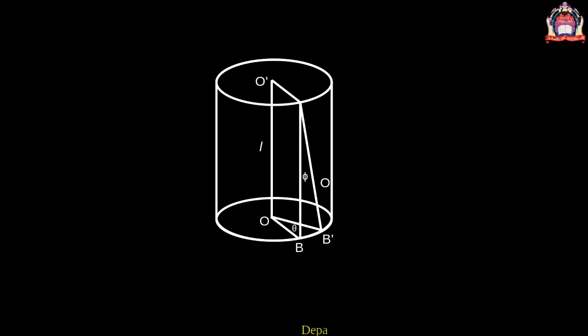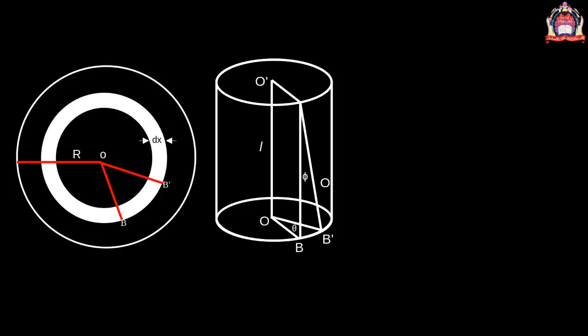The solid cylinder consists of a large number of coaxial hollow cylinders. Consider one such hollow cylinder of radius x. Here R is the radius of the cylinder, but we are considering a hollow cylinder whose radius is x.